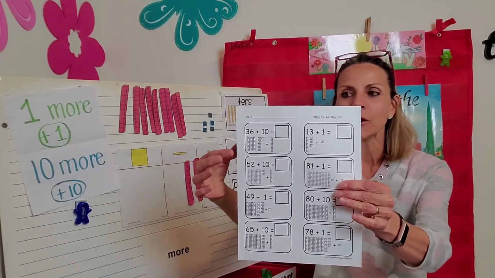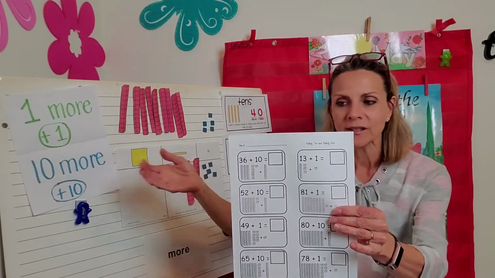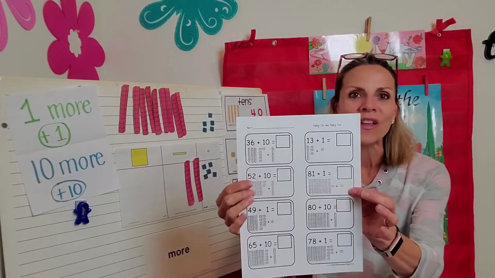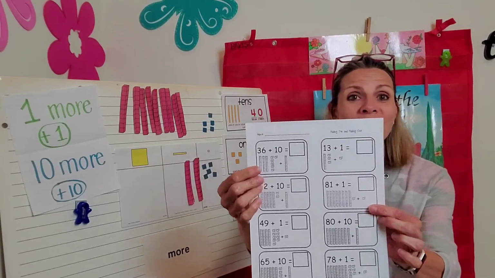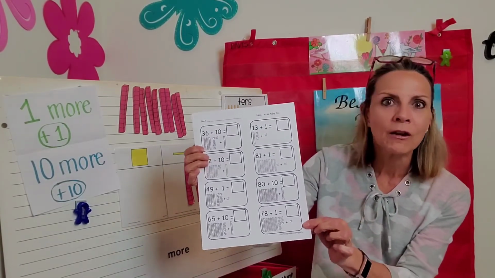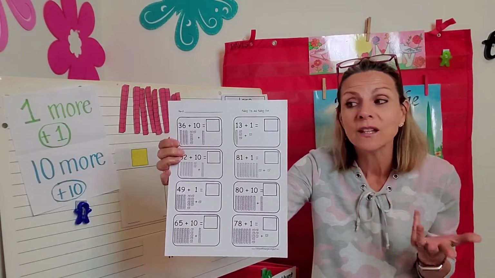And you can see there are some math problems. They'll either be +1 or +10. And here's the cool thing. You won't have to grab those place value blocks, because they're already drawn on there for you. So you've already got your tools. So use those if you need to.